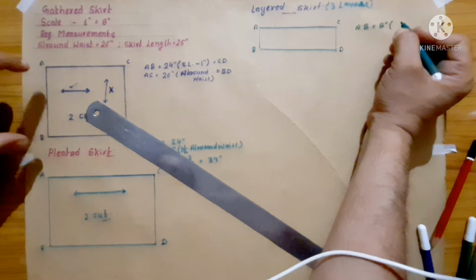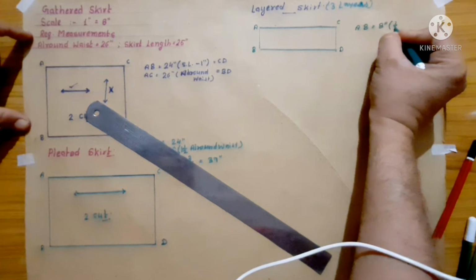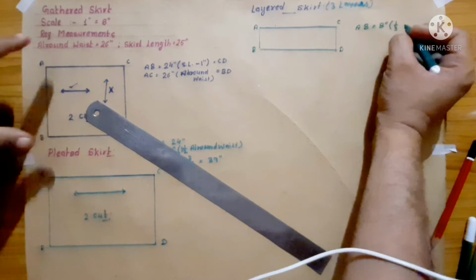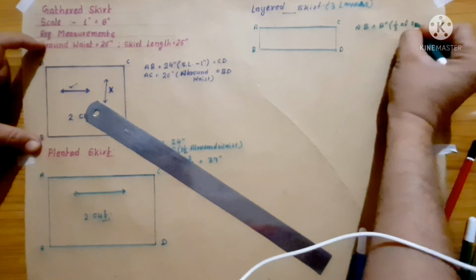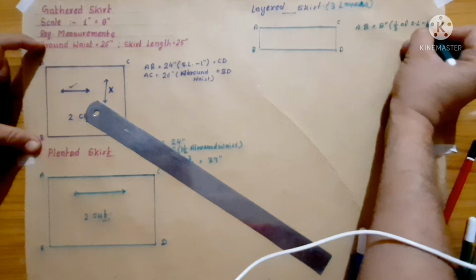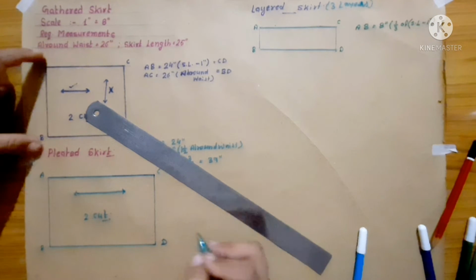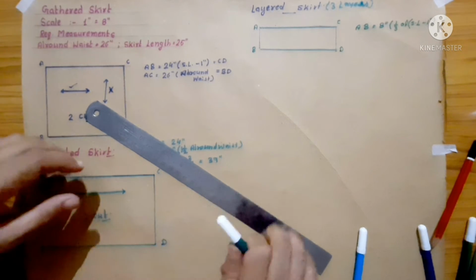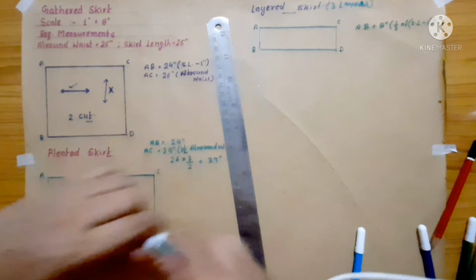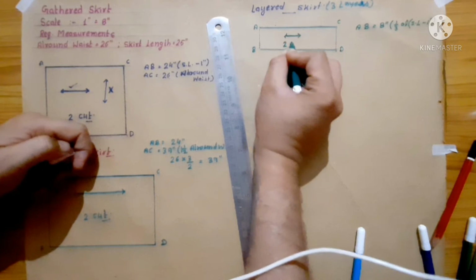That means 1/3 of this, because we are making 3 layers, so it would be 1/3 of skirt length minus 1 inch, right? Again we'll create a block, same grain line this to cut.